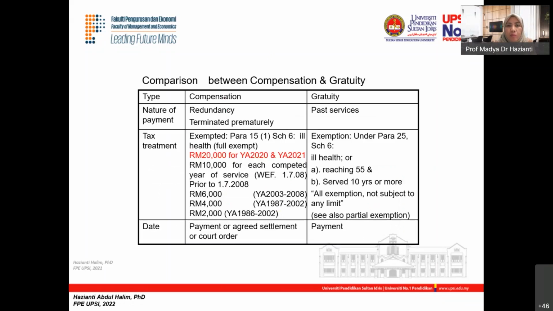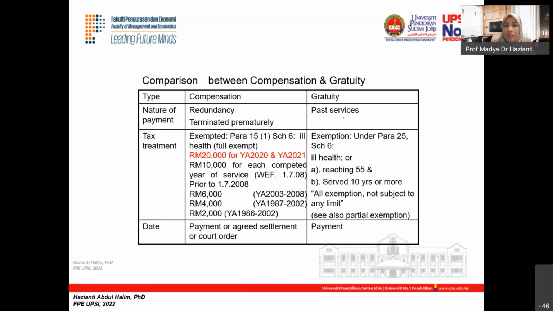This is the summary, compensation and also gratuity exemption. For compensation, 20,000 untuk year 2020 and 2021, year lain 10,000. Yang bawah ni, this is the history lah, dulu daripada 2000 naik 4, naik 6, naik 10, now naik 20. Exemption untuk gratuity ni dikira past service lah. Compensation ni sebab kena terminate prematurely.